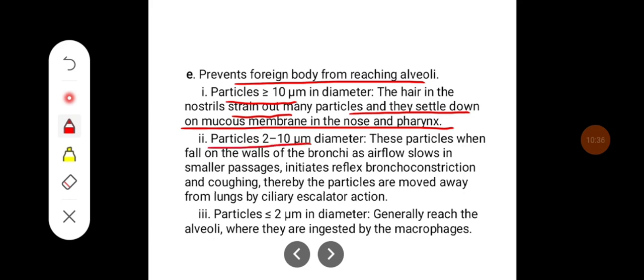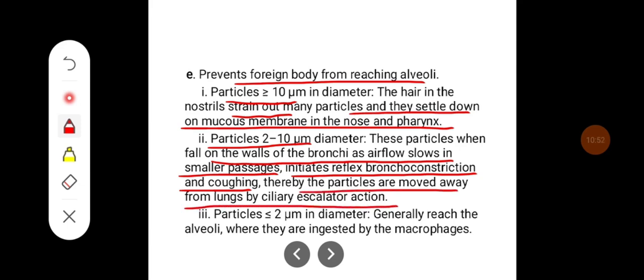Particles between 2 to 10 micrometers fall on the walls of the bronchi as air flow slows in smaller passages, and initiate reflex bronchoconstriction and coughing. Thereby, particles are removed away from the lungs by ciliary escalator action. If the particles are less than 2 microns, generally they reach the alveoli where they are ingested by the macrophages.